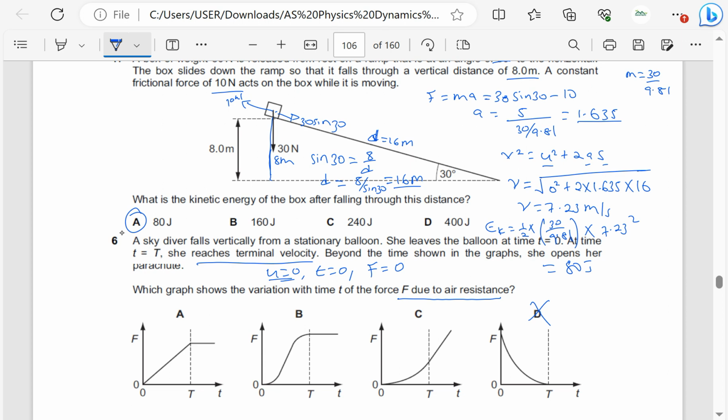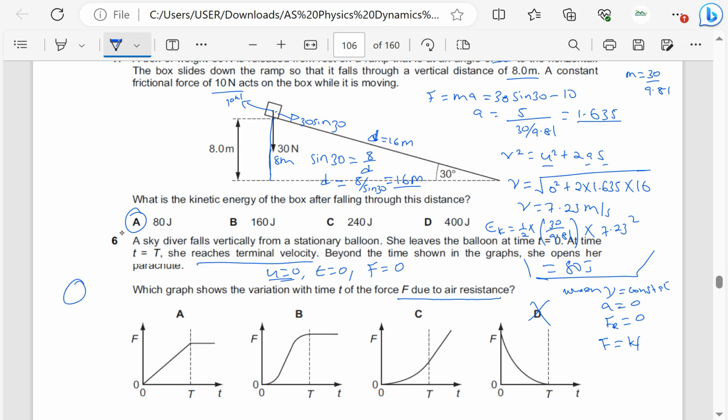But then, at terminal velocity, when v is constant, the acceleration is 0. The resultant force is going to be 0. If the resultant force is equal to 0, it means the resistive force is going to be equal to the weight.